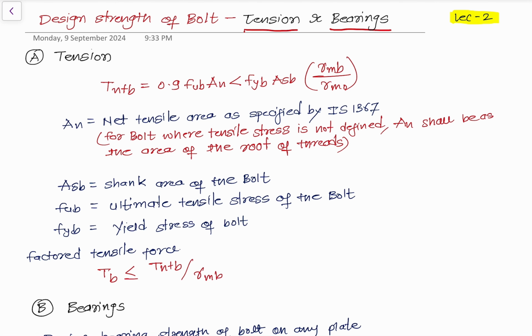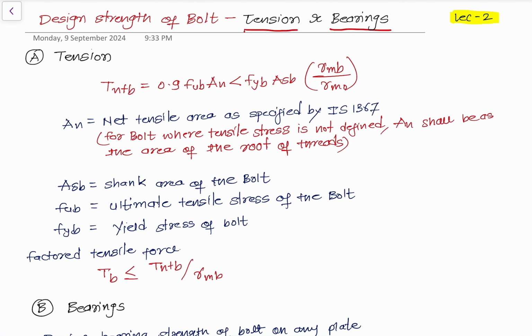Asb is the shank area of the bolt. FUB is the ultimate tensile strength of the bolt, and FYB is the yield stress of the bolt. All these things are mostly given or you need to calculate them, and I'll explain how you can do that.